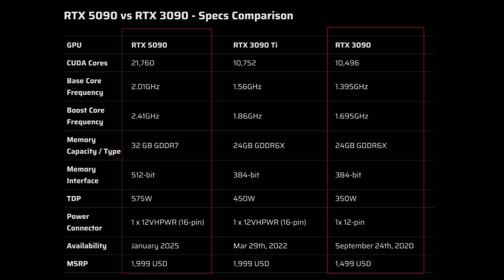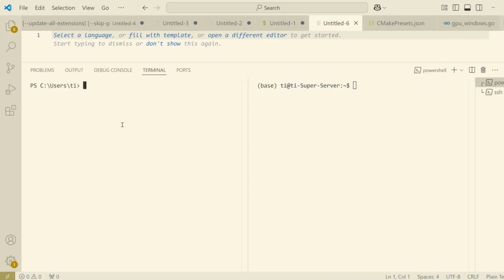As you can see from the spec, there is quite a lot of difference between the 3090 and the 5090. The 5090 has more than 100% more CUDA cores than the 3090. And the power is also 575 versus 350 watts. So let's put them side by side.